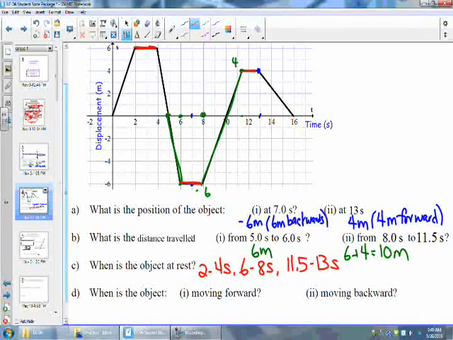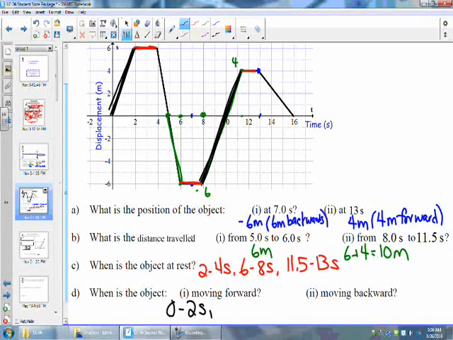All right, and the last question, when is the object moving forward? Well, remember, forward is positive. So we're looking to see where our slope is basically a positive movement. So it would be here. So that would be from 0 to 2 seconds. And another positive would be, sorry guys, it would be from there to there.